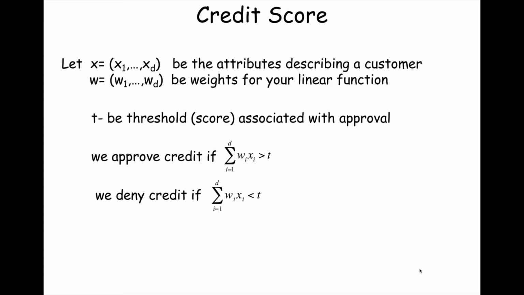So we compute that sum, and we test to see if it's greater than T, our threshold. If it's greater than T, then we say, okay, approve for credit. If it's less than T, we say, okay, deny this credit applicant. Okay, does that make sense? Any questions about this? No?